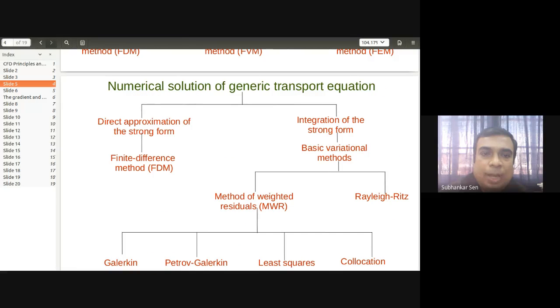So the two approaches are, one is the direct approximation of the strong form. So we start the approximation directly from the original version or from the strong form. This approach is known as the finite difference method or FDM.